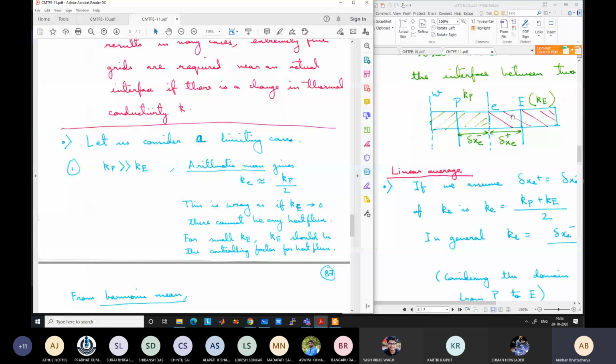So it means that physically the governing or controlling material here is the insulating material. Whether it is copper or aluminum or steel does not play much role if the other side has a very high insulating material. If it is an aluminum pressure cooker or a copper pressure cooker, it does not matter to me if I hold the handle.